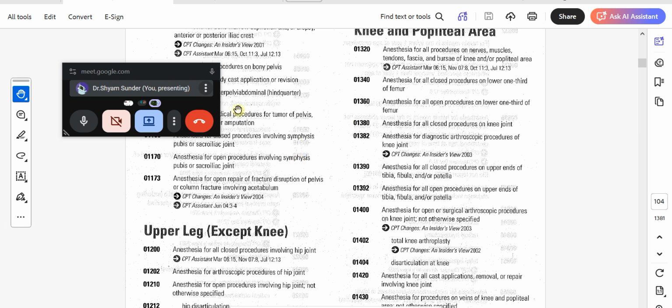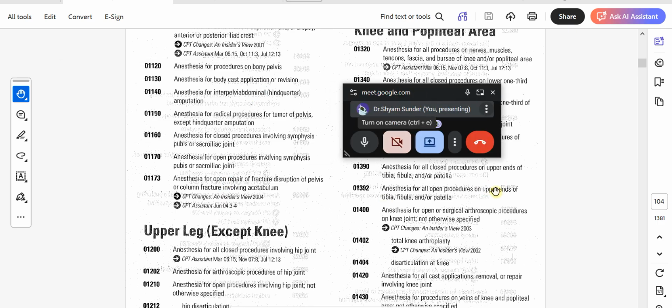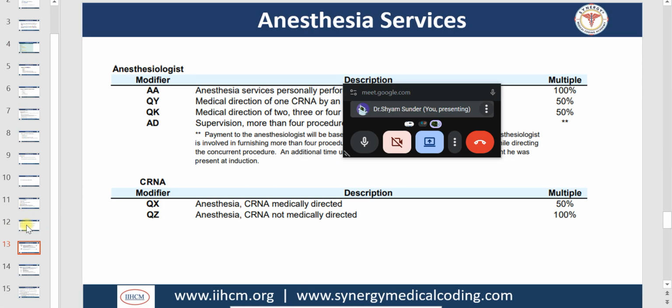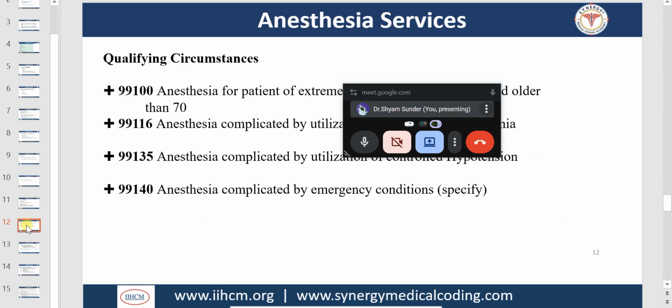Like I said, here you'll find a lot of surgery names, but you'll be able to code it. Don't worry, because we just started. So this is how you'll find codes.